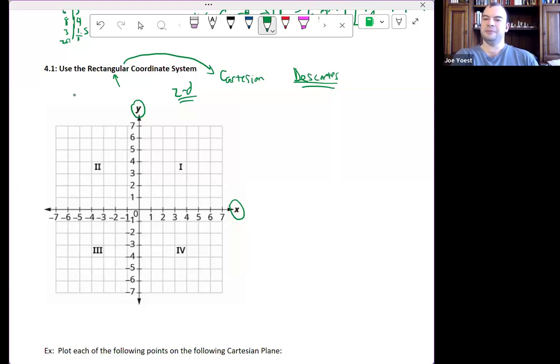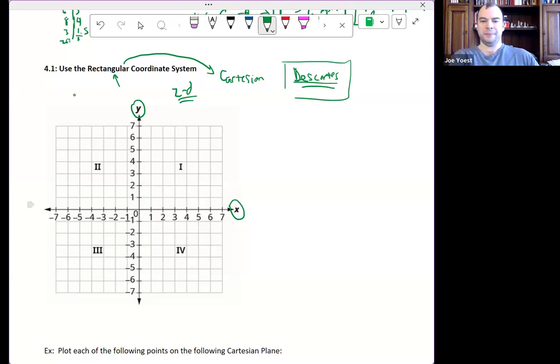I think, therefore I am. So sometimes called the Cartesian coordinate system after him, sometimes called the rectangular coordinate system, but often just called the coordinate system or the plane because it's kind of the default one that we use.